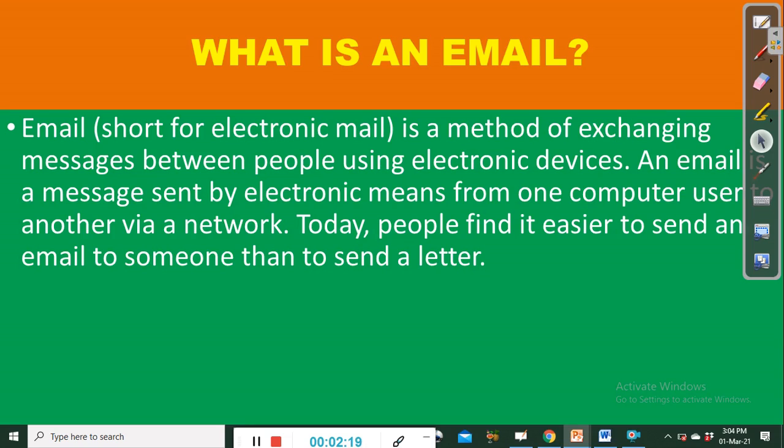Today, just by clicking on an icon, probably on your mobile phone, laptop or iPad, you get your message right into the inbox of your recipient within seconds, and that's exactly why the email has come to stay.